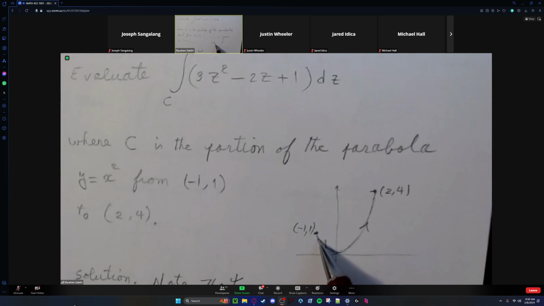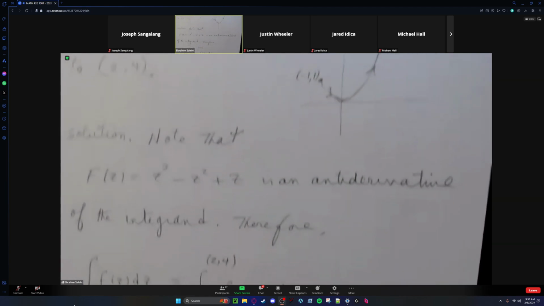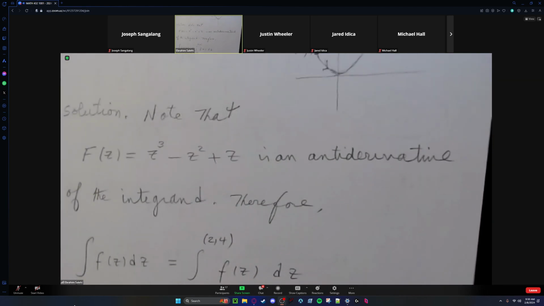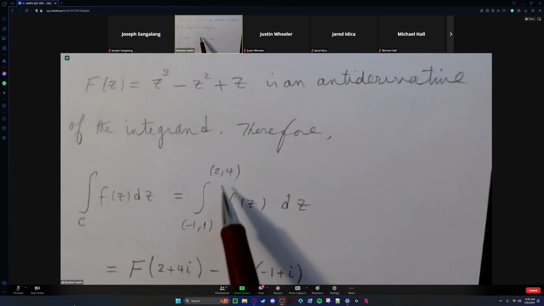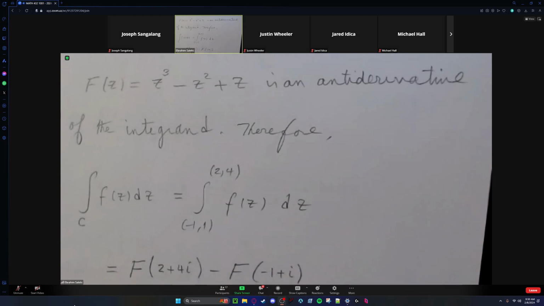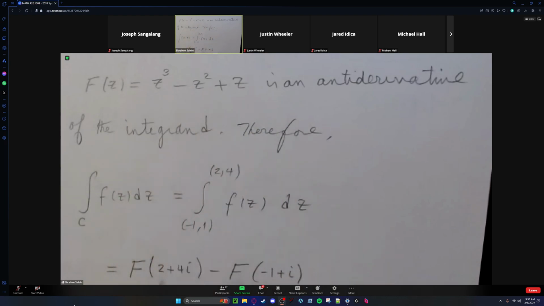We find the antiderivative, evaluate at this point minus evaluate at this point, right? That gives you the answer. All right.